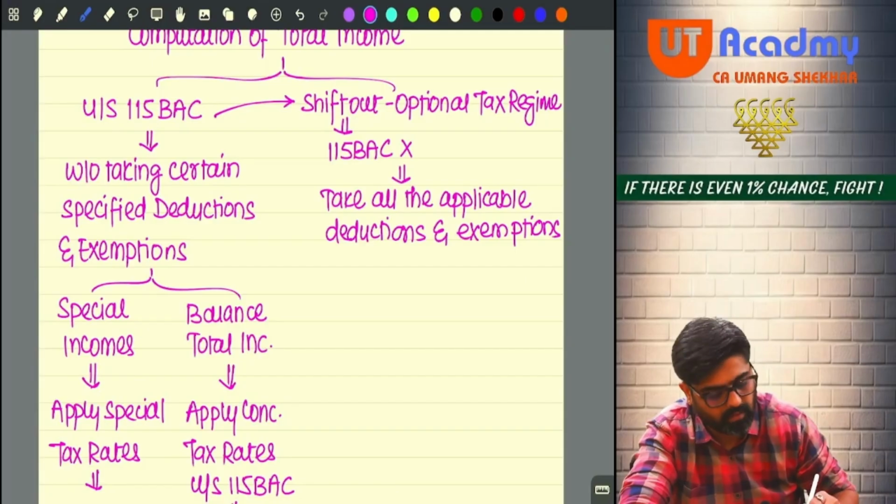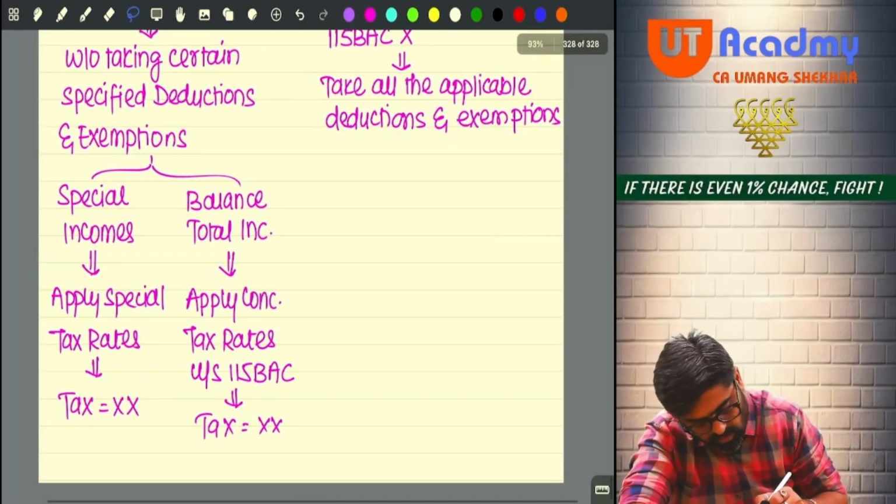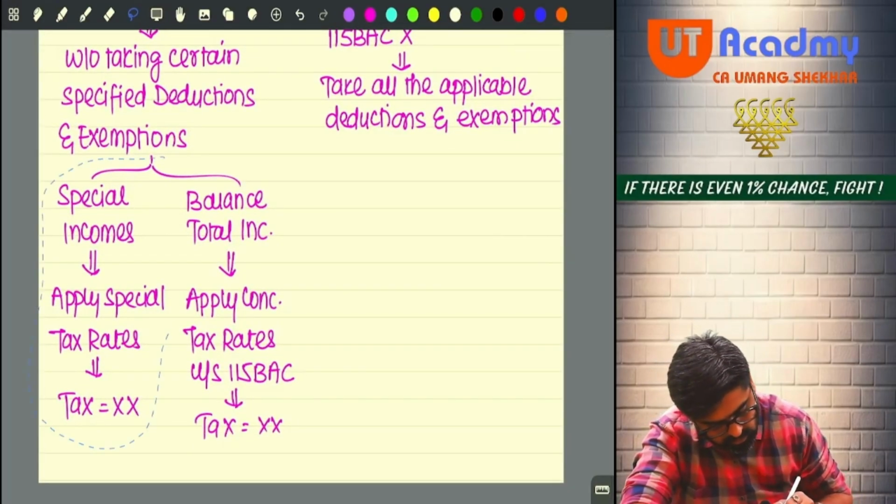Now in that total income, you are supposed to do the same thing.